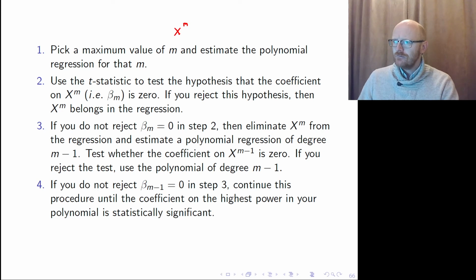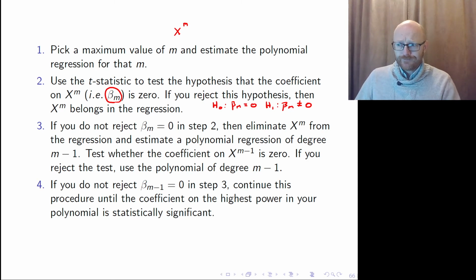Then you use the t-statistic to test the hypothesis that the coefficient on x to the m, the beta m, is 0. Okay, so the null hypothesis is that beta m equals 0. The alternative hypothesis is that beta m differs from 0, right?